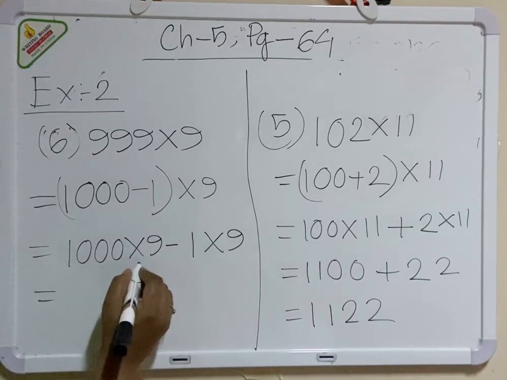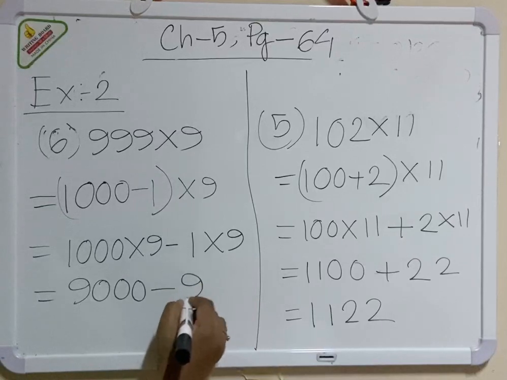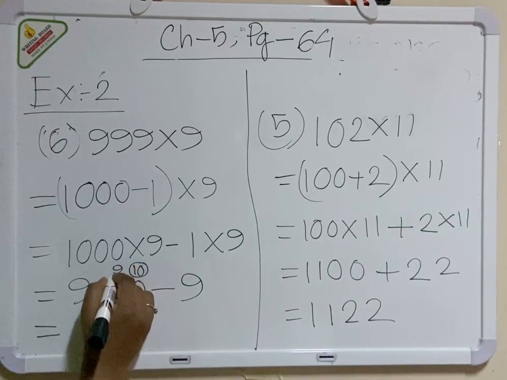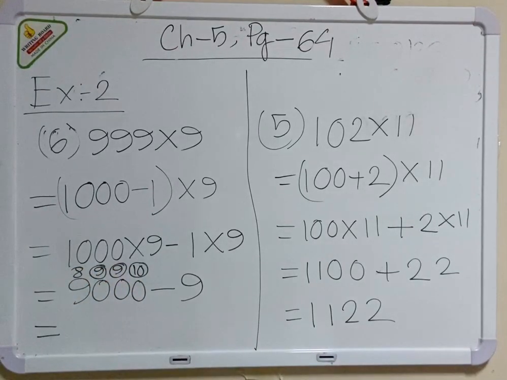So 1000 9s are 9000, 1 9 is 9. 9000 minus 9 is 8991.